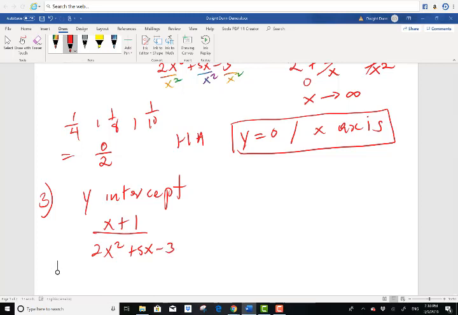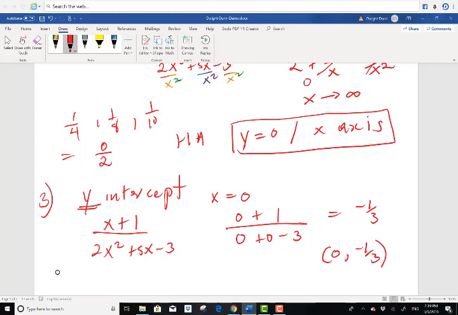To get the y-intercept, all I need to do is let x be equal to 0. Now if x is equal to 0, I get 0 plus 1 divided by 0 plus 0 minus 3, and as a result I get negative a third. So my y-intercept is (0, -1/3).